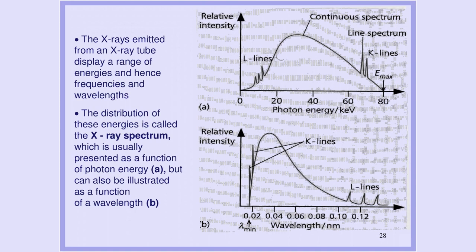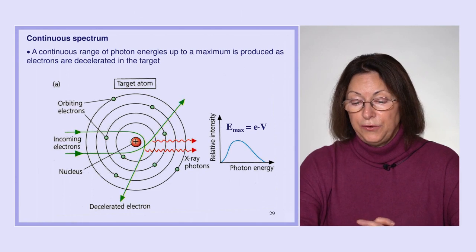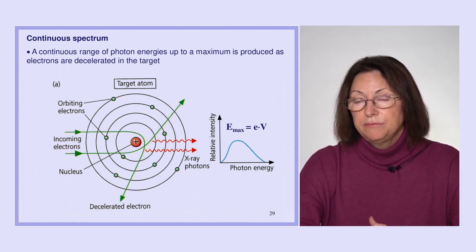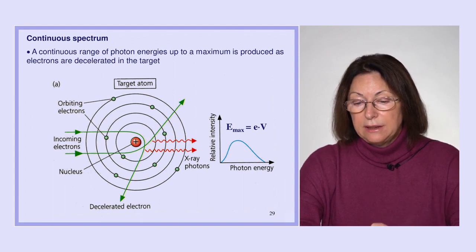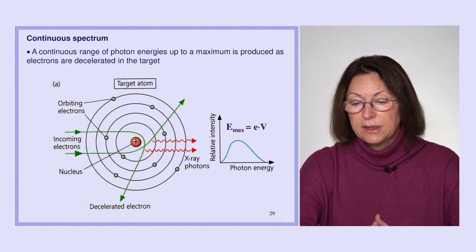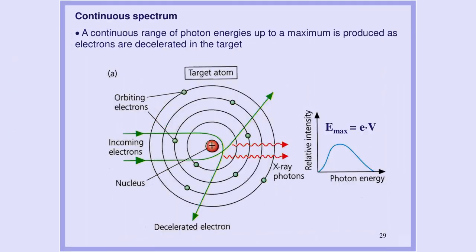X-rays originate through two different mechanisms, and each contributes its own special features to the final spectrum. The first mechanism of their generation is named the continuous X-radiation spectrum.